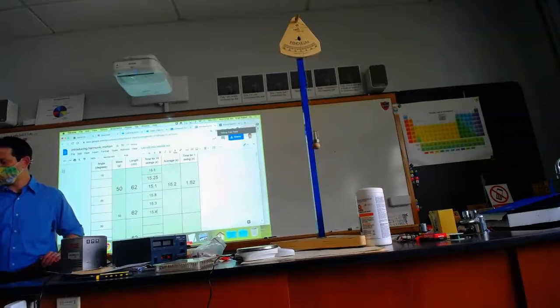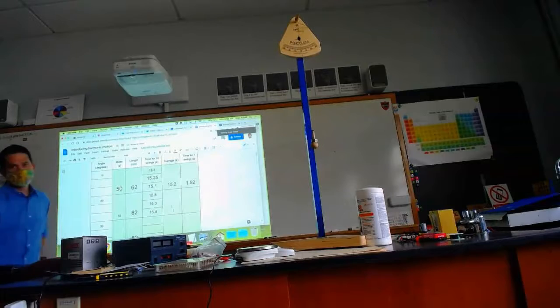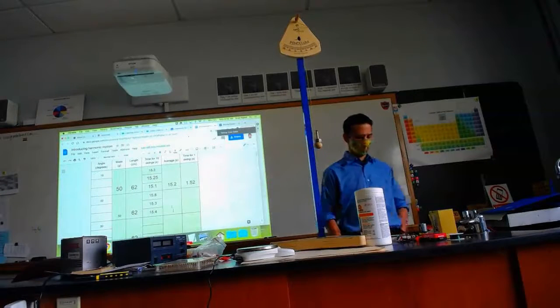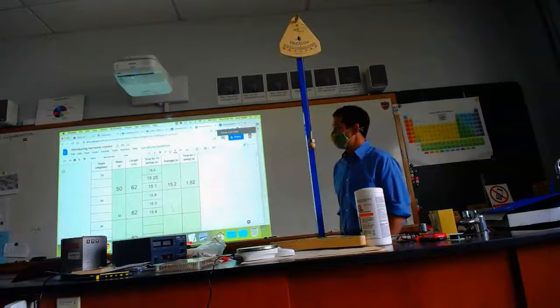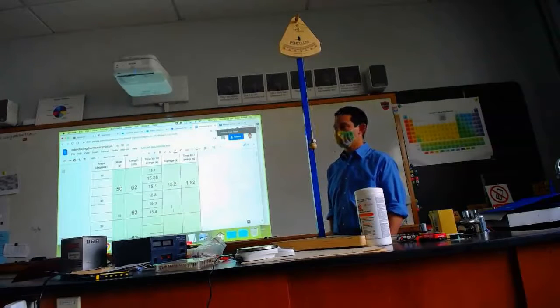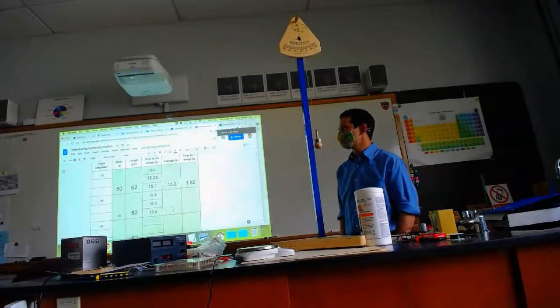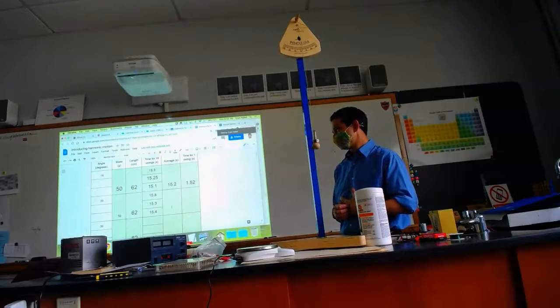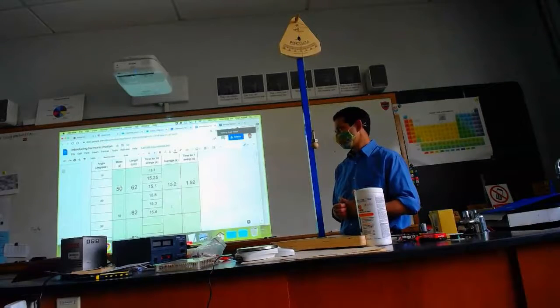I'll round that up to 15.4, and I need a class average for those 3 data collections. So, this is a question for everybody here. If I look at those data points, 15.8, 15.3, 15.4, do all of them seem like good data points?